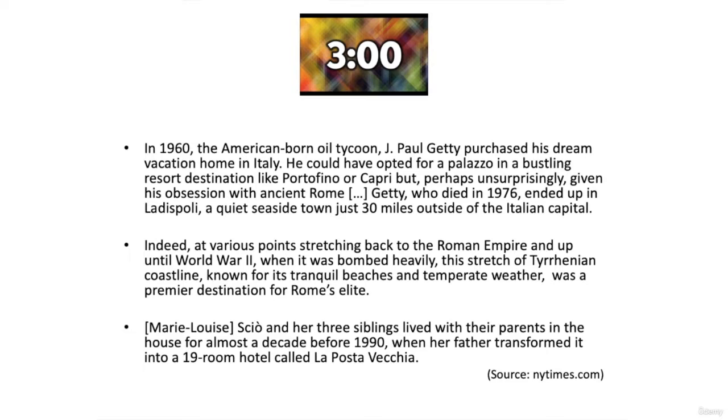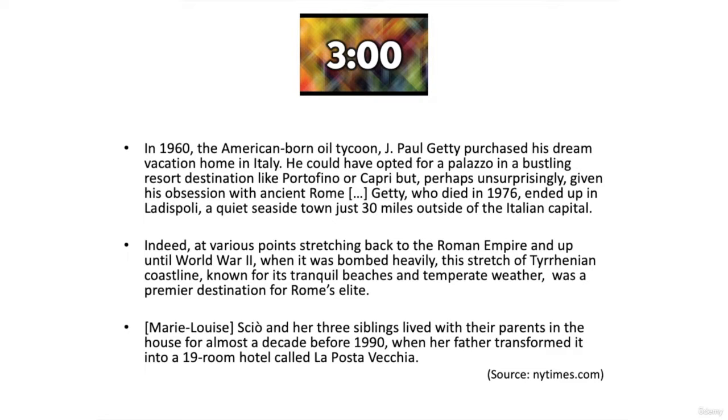Indeed, at various points, stretching back to the Roman Empire and up until World War II, when it was bombed heavily, this stretch of Tyrrhenian coastline, known for its tranquil beaches and temperate weather, was a premier destination for Rome's elite.